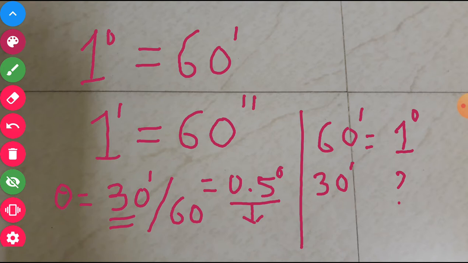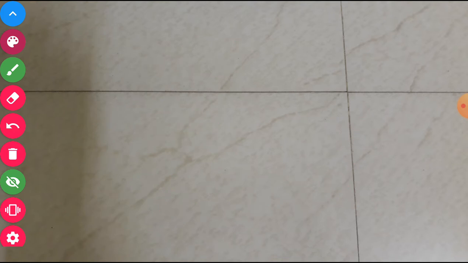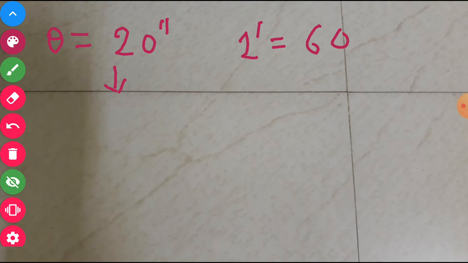Now another thing, say for example you are given the angle theta in second, say 20 second. First of all you have to convert these seconds into degree, but before that seconds has to be converted into minute, because we know that 1 minute is equal to 60 second.